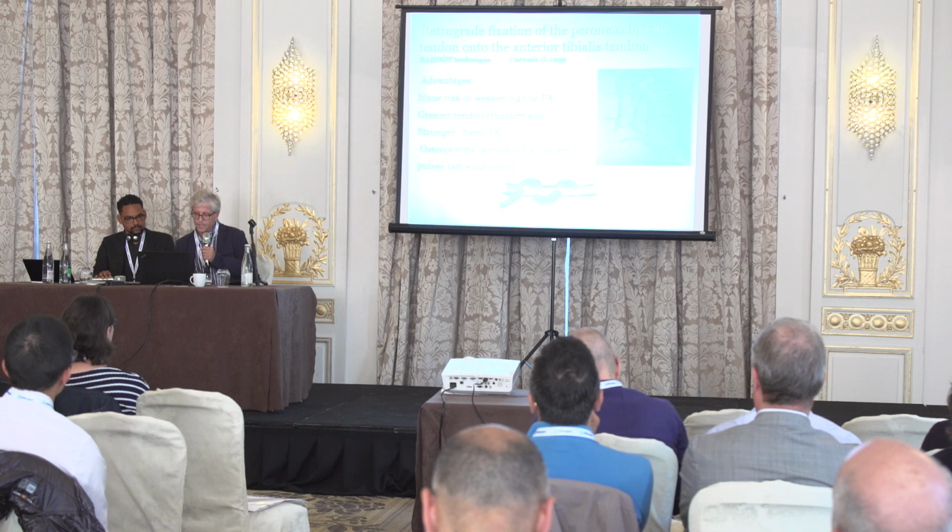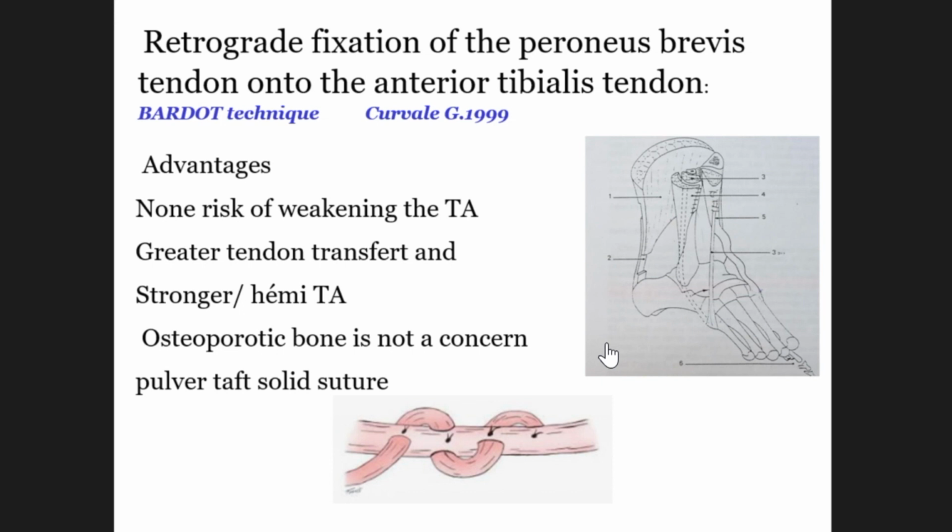The advantages of this technique are numerous. You have no risk of weakening the tibial anterior tendon. You obtain a greater tendon transfer, so stronger with two tendons. And there is no problem of fixation because you have no bone fixation, which in osteoporotic bone is a good thing.